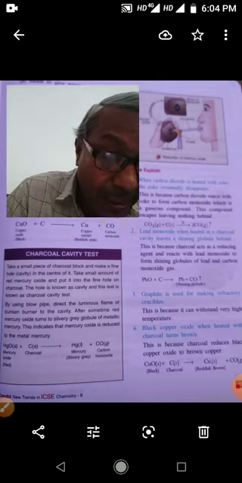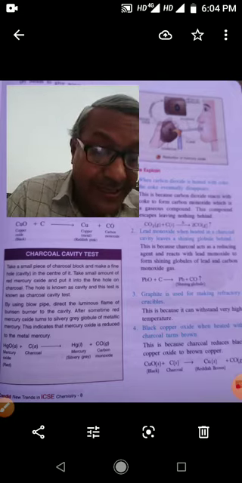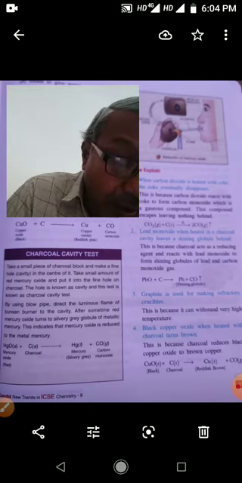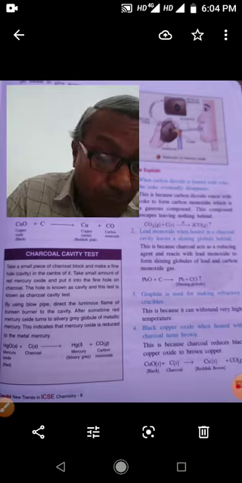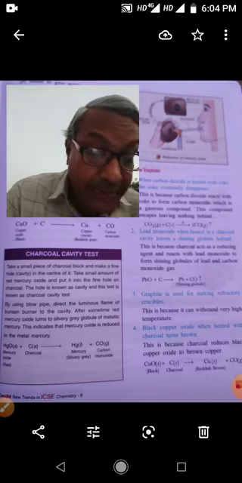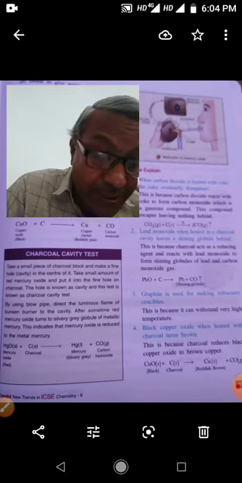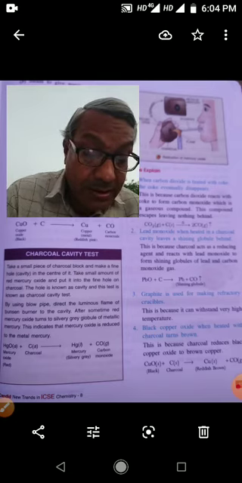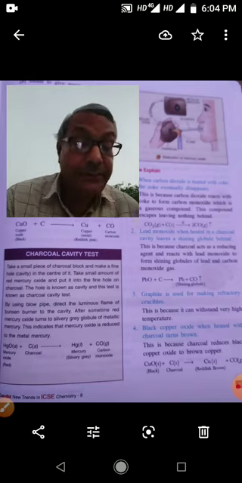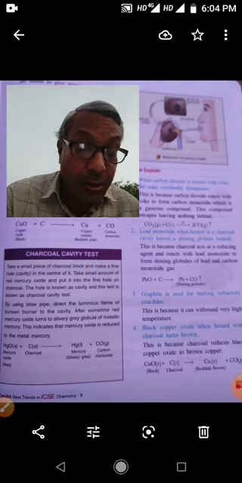Now take a small amount of mercury oxide in the hole, and after that, using a blowpipe, the luminous flame of the Bunsen burner is directed to enter the hole of the charcoal.